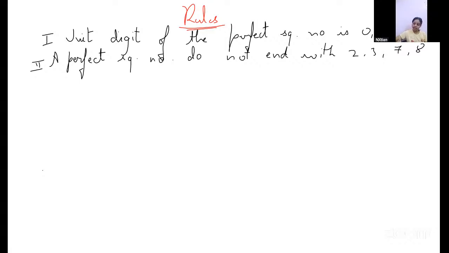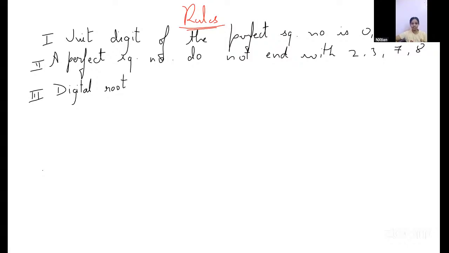Okay. Now the third rule. Third rule is about the digital rule. This is the same as the first one, but we... Yes, Abraham, I have a question about it. Ma'am, you're saying the perfect square number ends with 0, 1, 4, 5, 6, and 9.